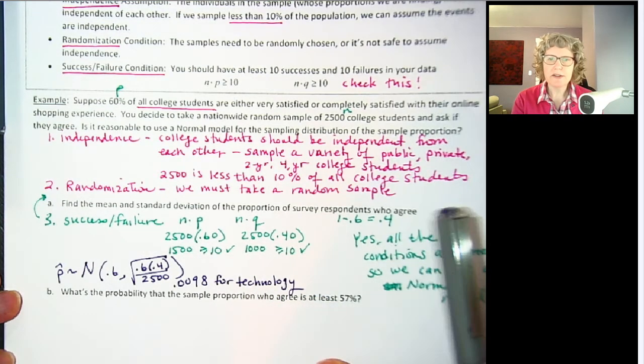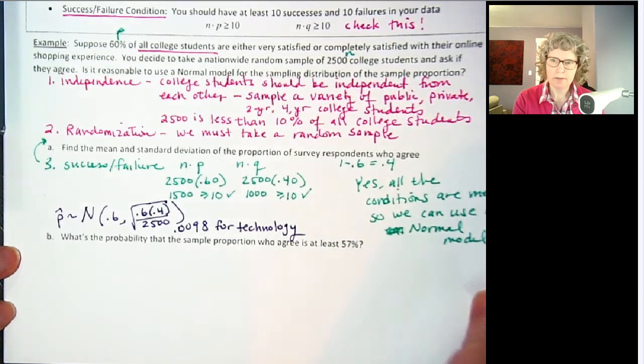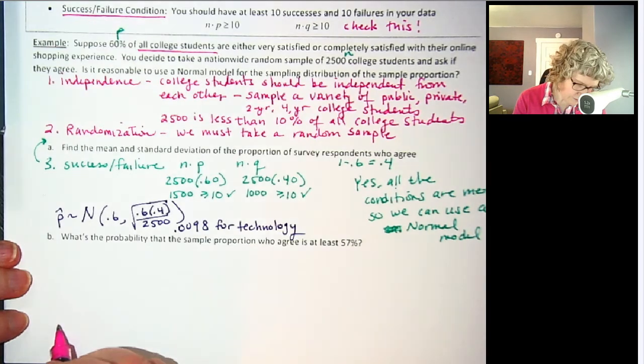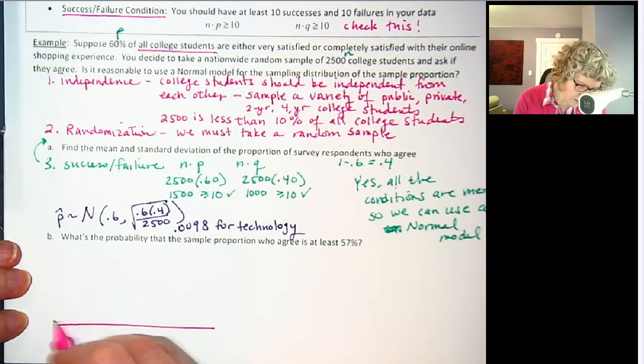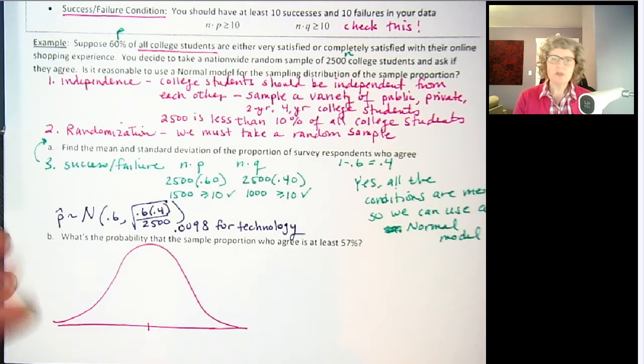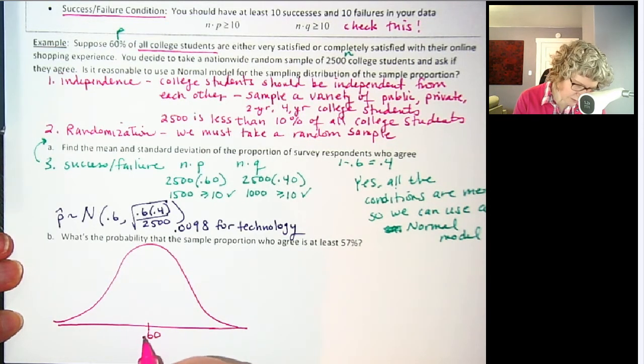But I'm going to draw this out, and I'm not going to use that many decimal places for the picture. Okay, so let's go ahead and draw this. Usually your assignment will say define, draw, and then find a probability, or define, draw, and label. I think drawing really helps to conceptualize what's going on here, and labeling it too. So 0.6, I'll put 0.60 since we're talking percentages, so that's 60%.